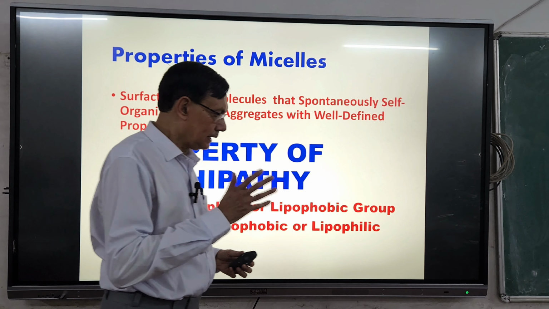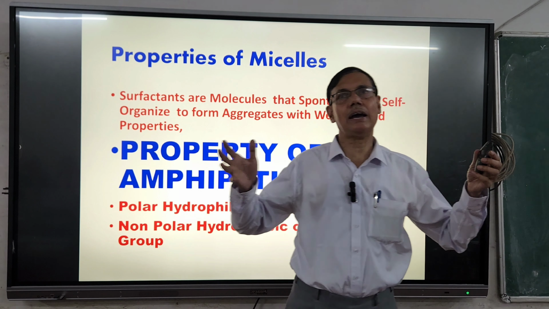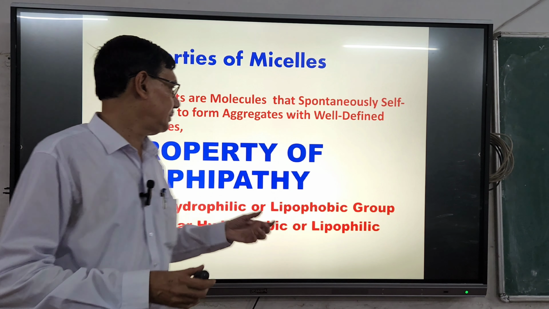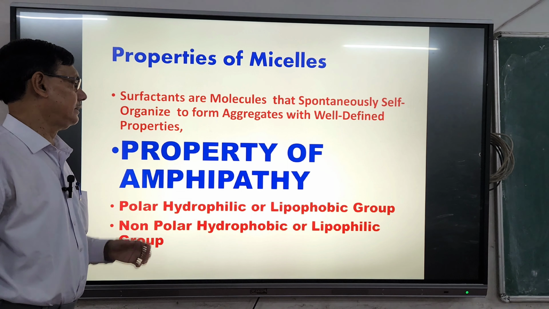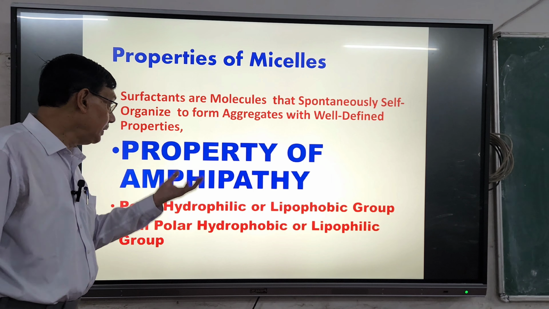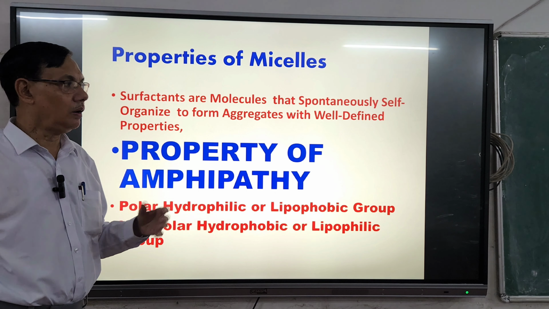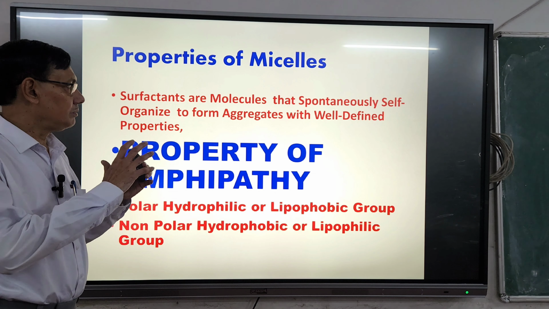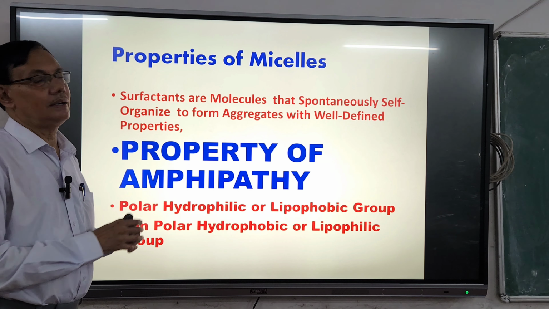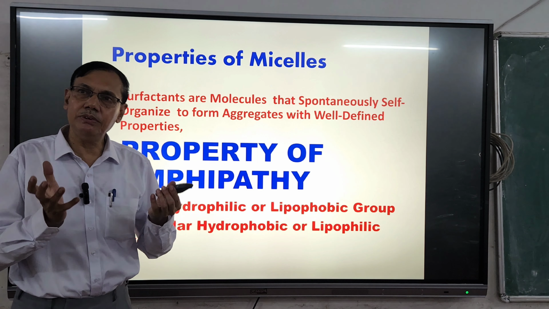First, as I have already discussed, surfactants are sometimes called amphipathic, because there are two important parts, and the name itself is a definition.